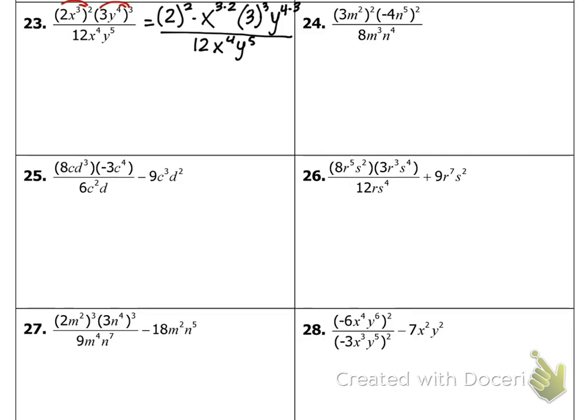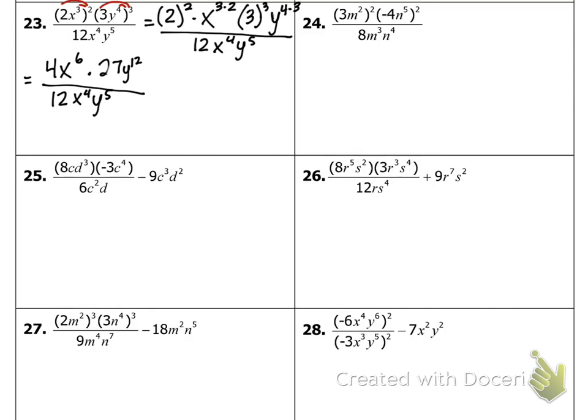Okay, so 2 squared is 4, x to the 6th. Now 3 to the 3rd is not 9, it is 27. I did that wrong when I was doing it initially. So 27 y to the 12th over 12 x to the 4th y to the 5th.